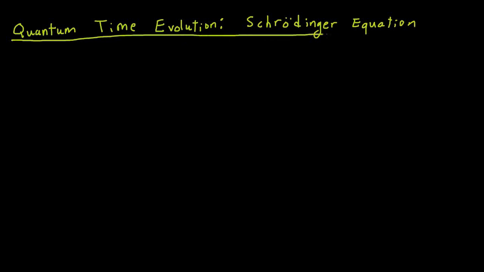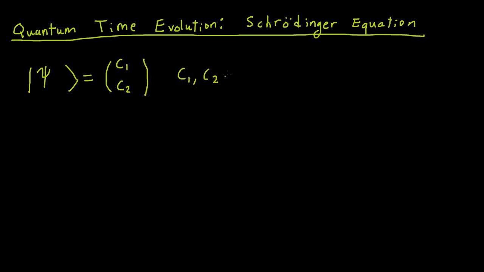So a quantum spin state, which we usually write like this, is a vector comprised of two complex numbers, which I'm going to call C1 and C2. So C1 and C2 are both complex numbers. They're an element of the set C. This is the set of complex numbers.